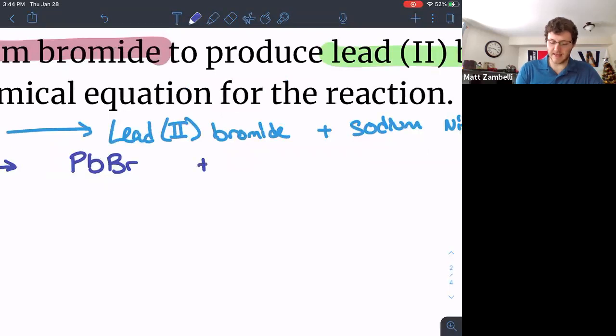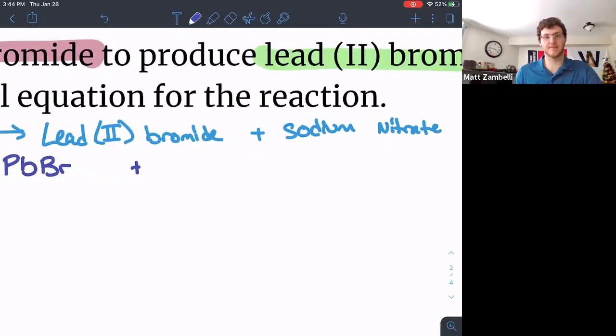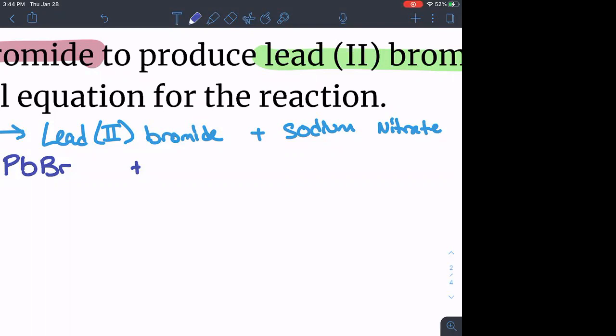And then last but not least, we have sodium nitrate. NaNO3, perfect.